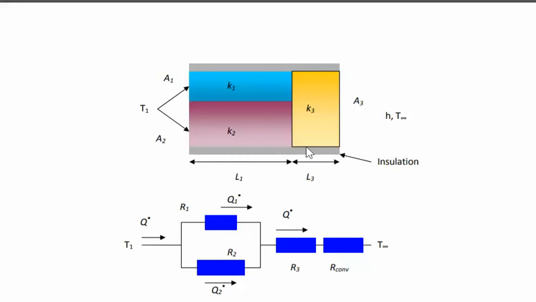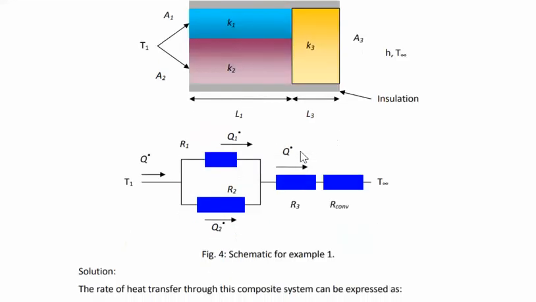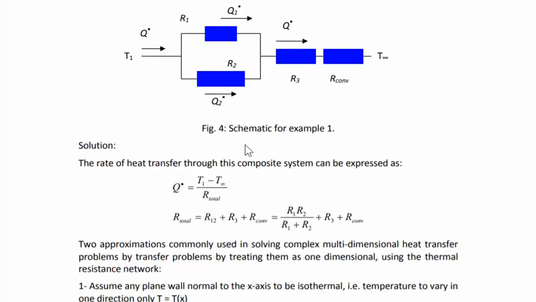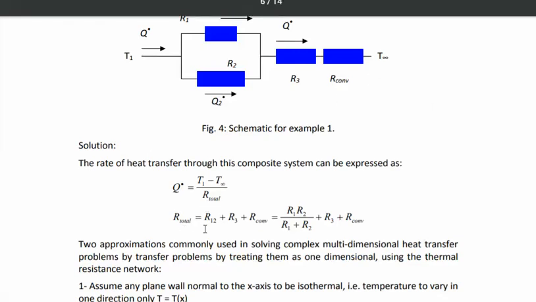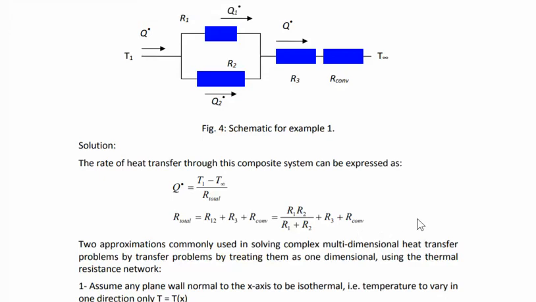For the combined process, we have to make a circuit diagram. For the heat conduction from the composite system, Q is (T1 minus T infinity) by R total, which is complete for this process. Then R total will be R12 plus R3 plus R convection, where the parallel resistance is calculated as R1 into R2 by R1 plus R2, plus R3 plus R convection.